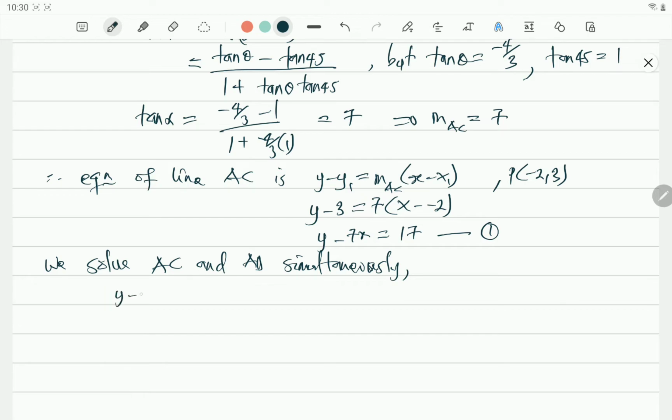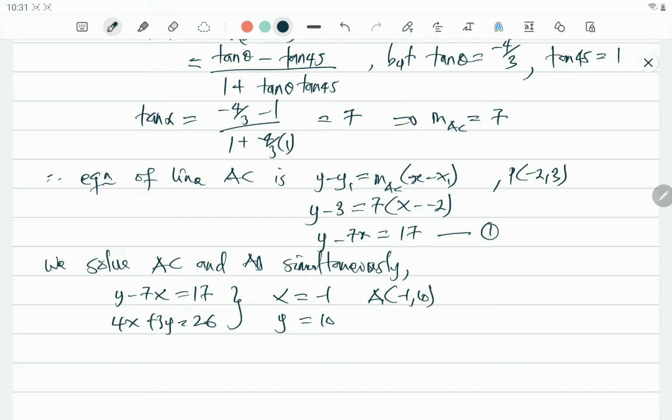We have y minus 7x equal to 17, and from the question it was given that 4x plus 3y equal to 26. So we solve these two, then we get x equal to minus 1 and y equal to 10. So that gives us the point A to be equal to minus 1 and 10.